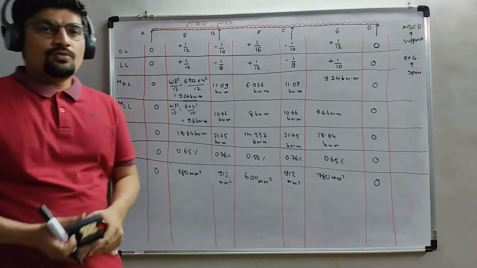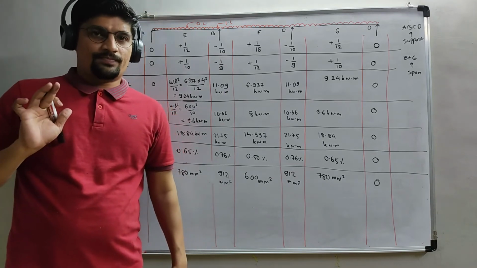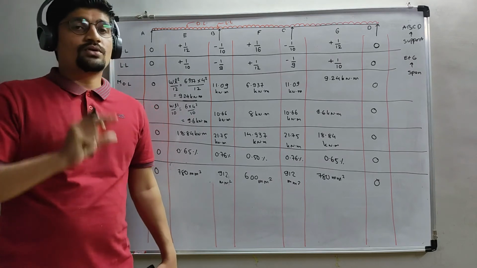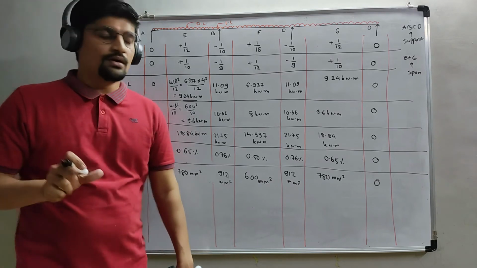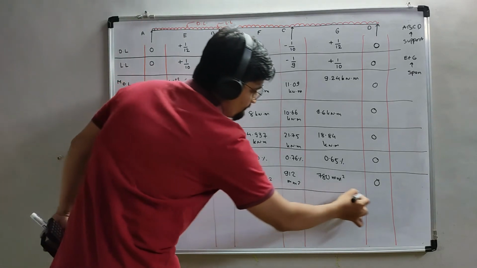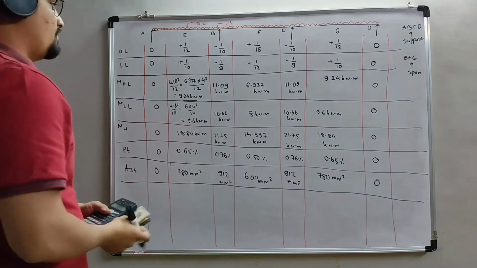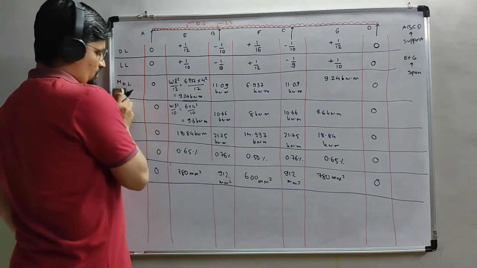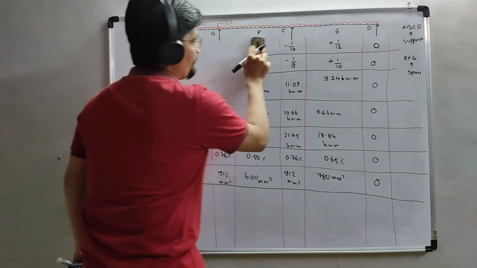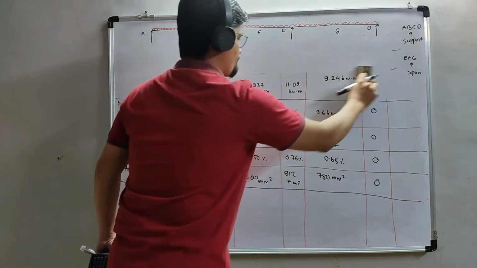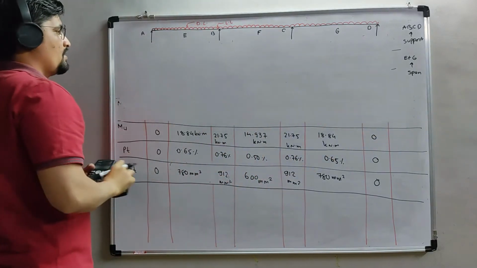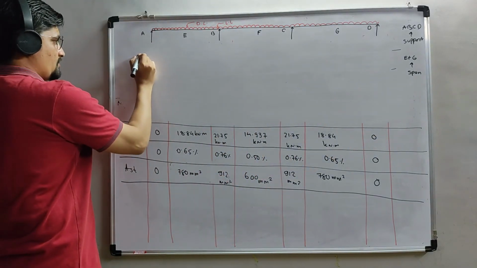Now we have to provide the AST spacing. But before providing spacing, I will show you how the reinforcement is being placed in the figure. Let me rub this thing so that I can show you in the figure. So our figure will be like this.